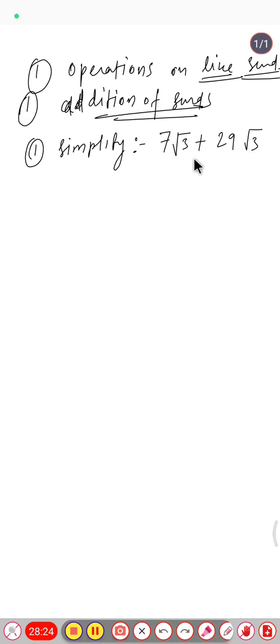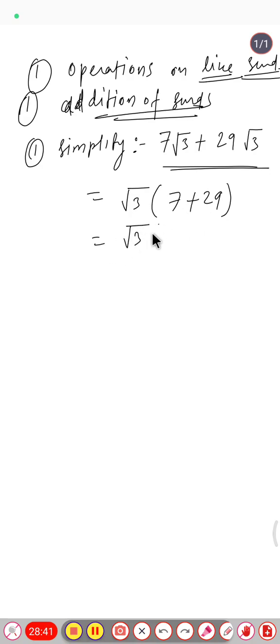So what we have to do in general, from these two terms, the root 3 is common, so we can take it outside, and inside it's 7 plus 29. Understand? So root 3 is here, and it's 36. So we can write the given expression as 36 root 3. Understand? We simplified the given one.